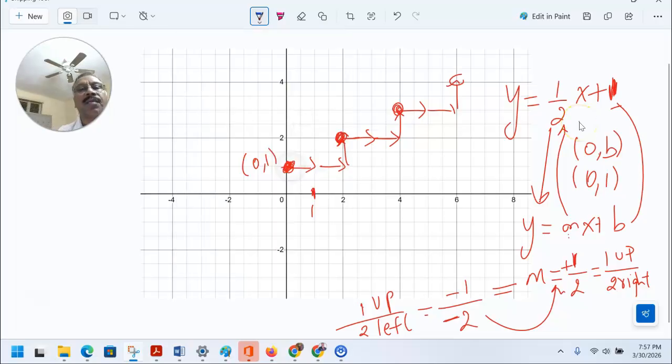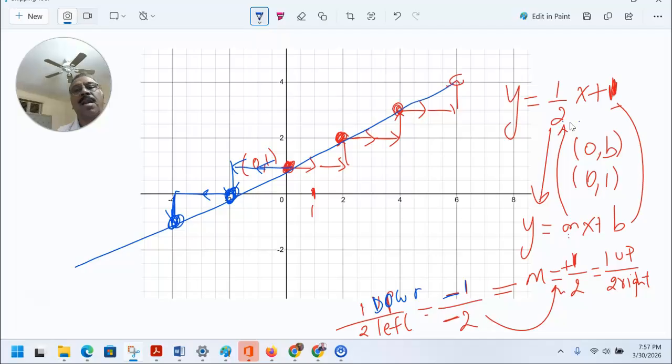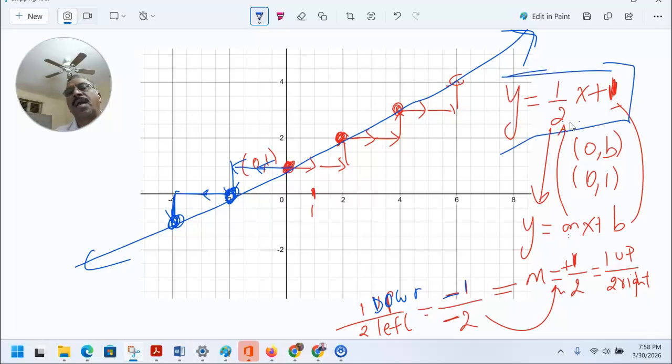If I start here, you go 2 left and 1 down to get this point. Likewise, we can graph this line, which represents the linear model y equals half x plus 1.